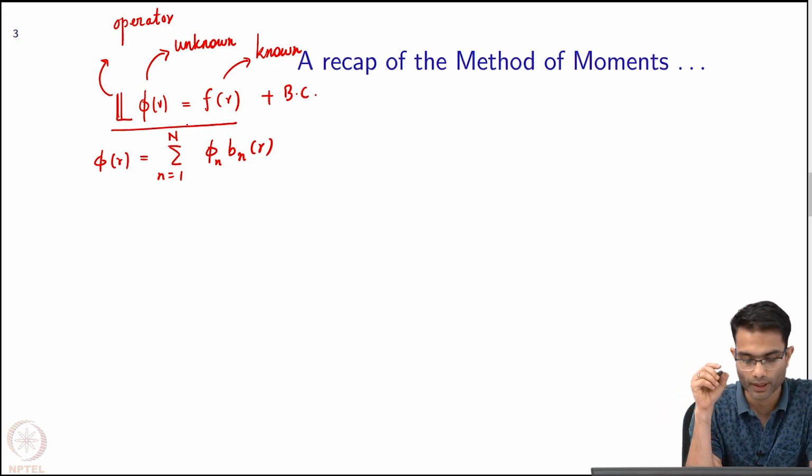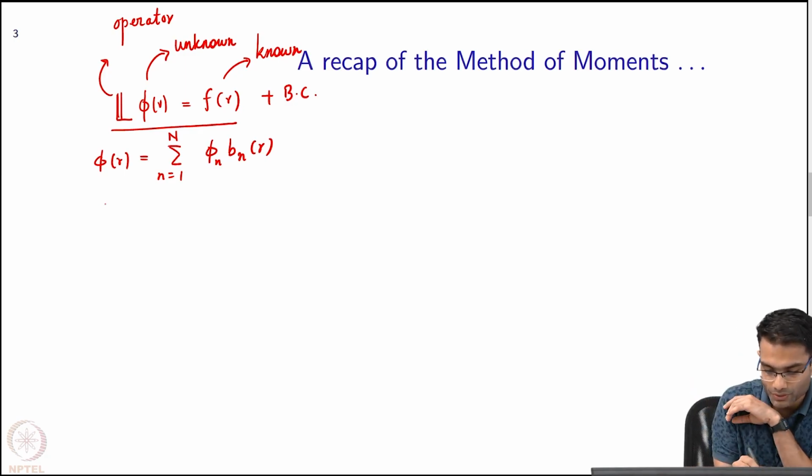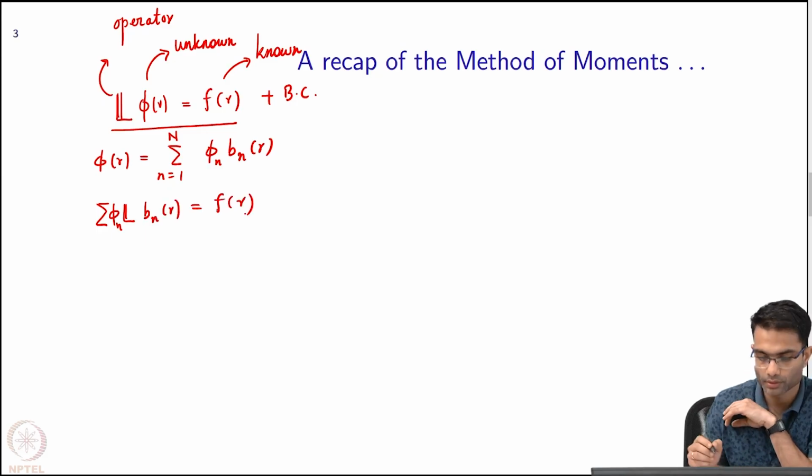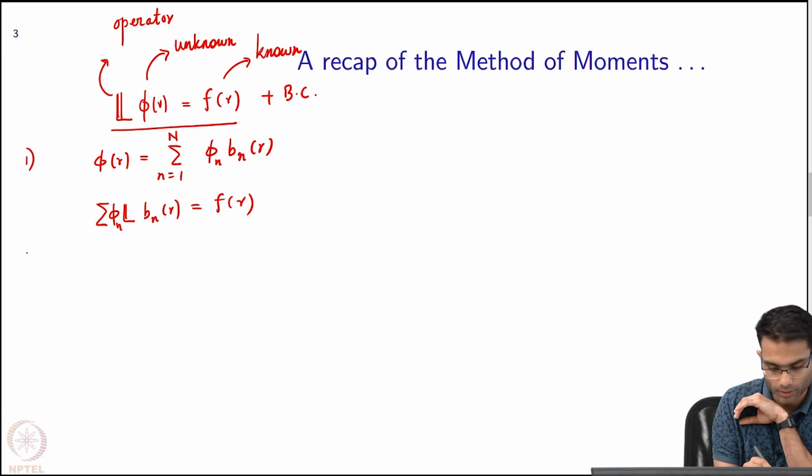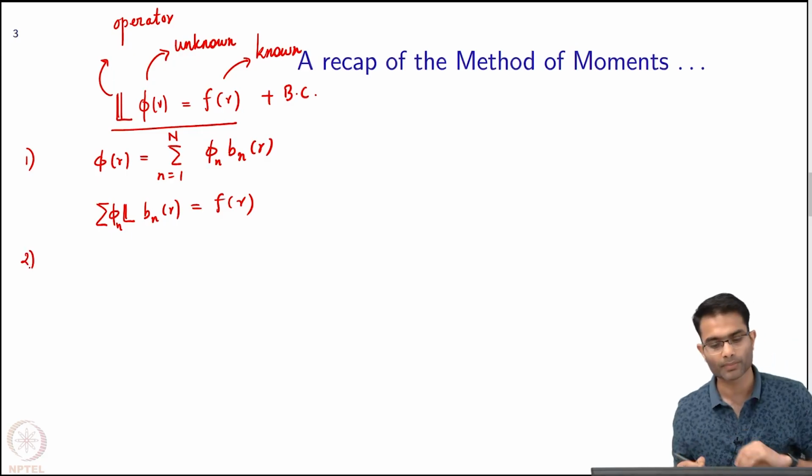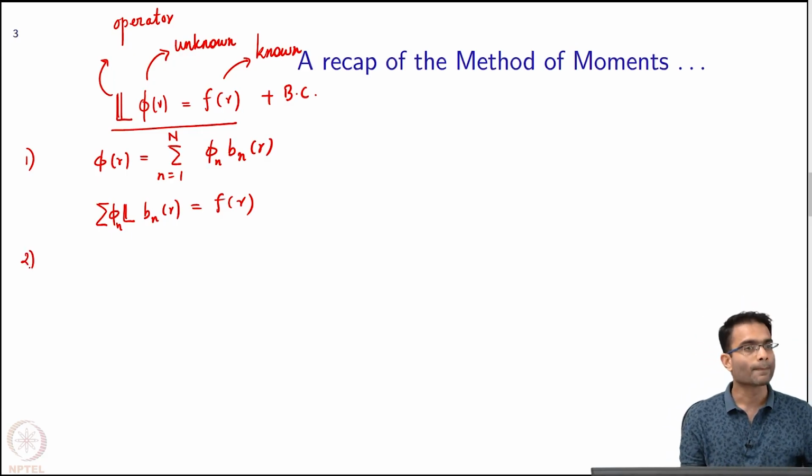And then what did I say? So, I substituted this inside. So, I got the sum of phi n and b n of r is equal to f of r, right. So, we could do that, but basically step 2 was what?